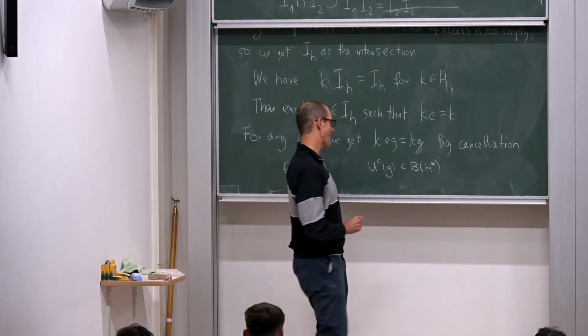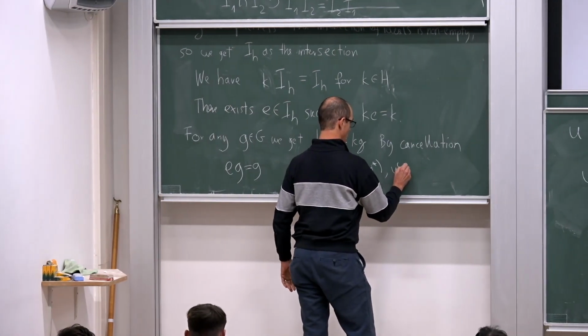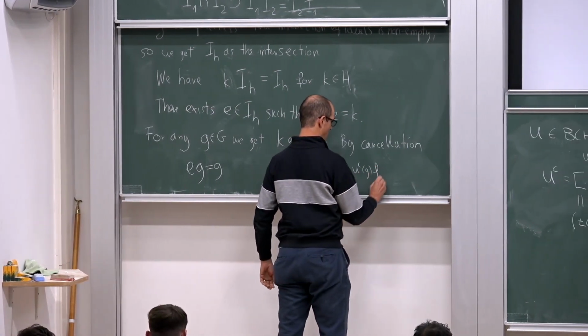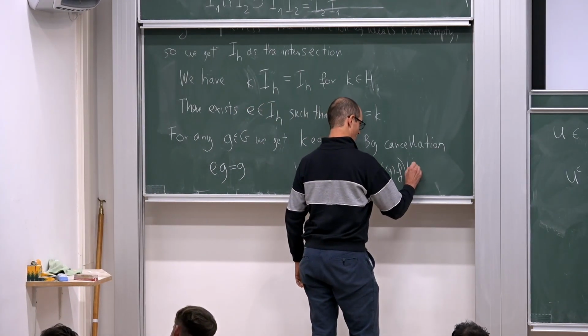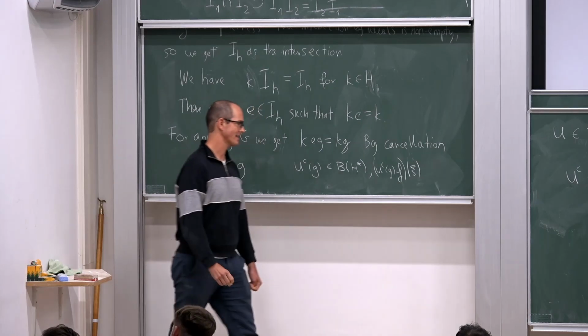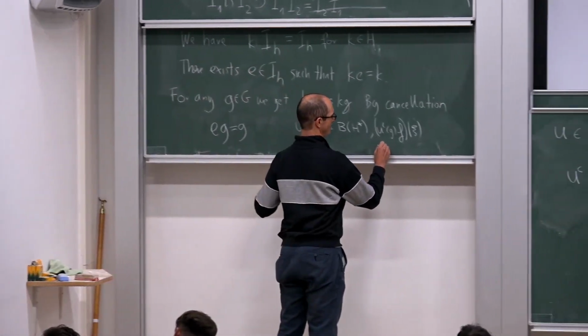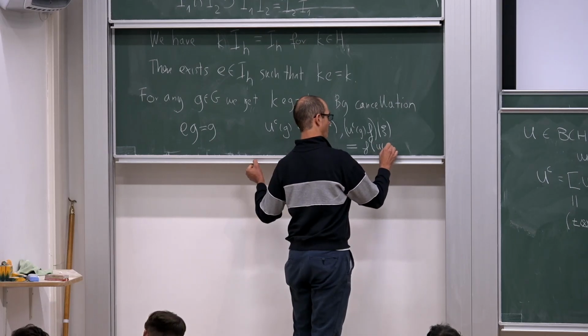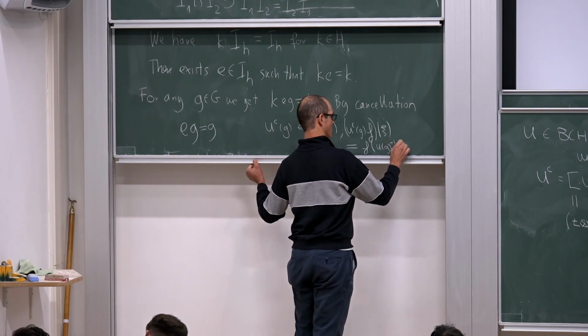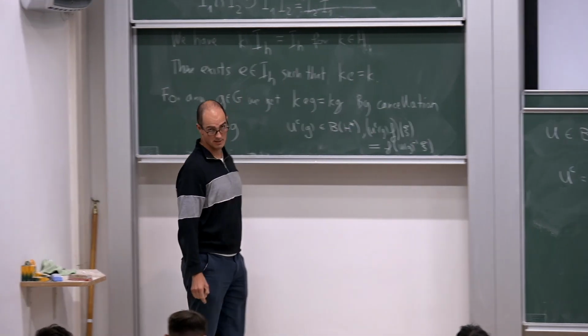It acts on a functional, determined by how it acts on the vector, and the formula is the usual one: you apply the functional to U of G inverse of the vector.